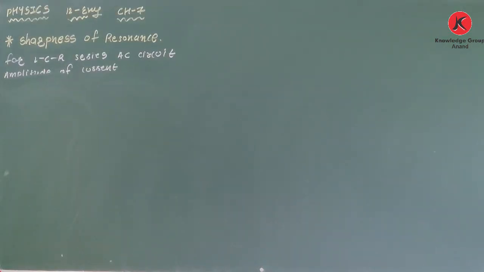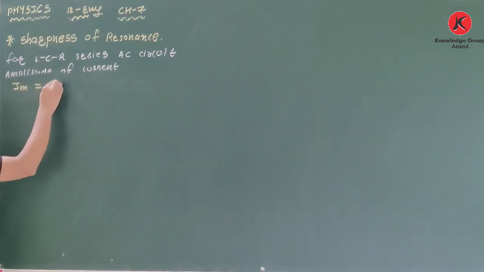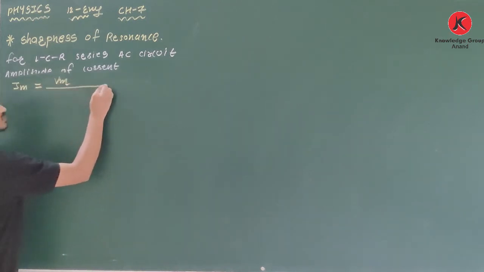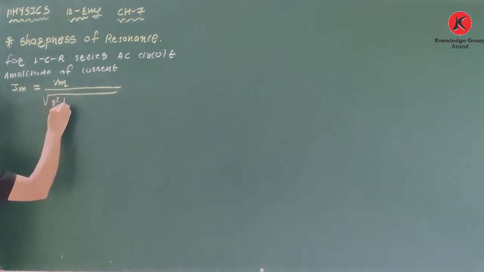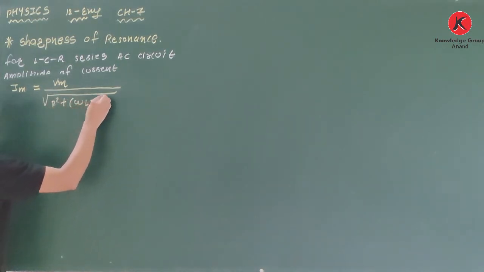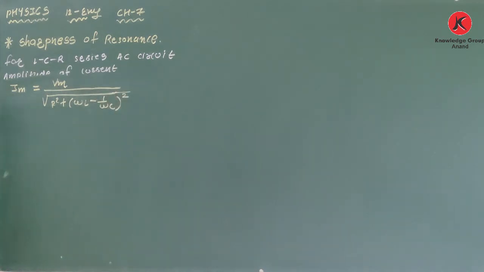See, for an LCR series AC circuit, the amplitude of current Im is equal to Vm upon under root R square plus omega L minus 1 upon omega C whole square. Now we have to obtain the equation of Q factor.